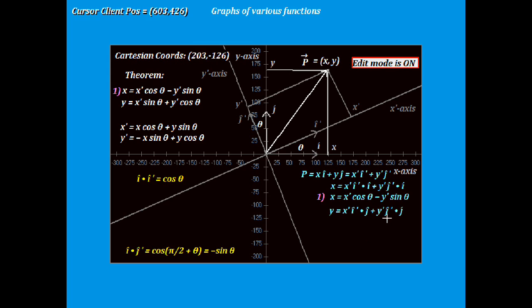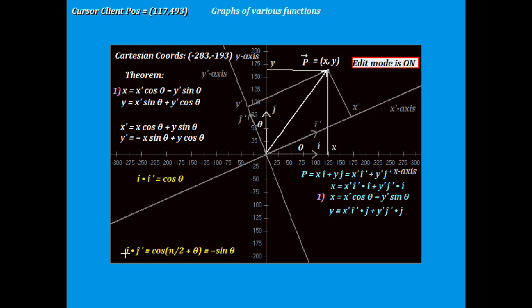We can write that down immediately. The j kills off this one. Now j dot j prime is cosine theta. See? And it's not that hard to figure out what i prime dot j is.